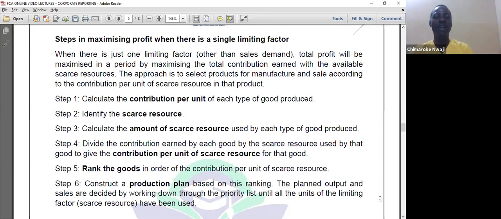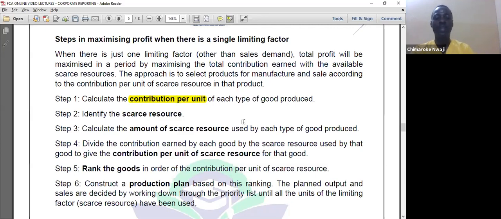Now, you have to calculate the amount of scarce resource that each type of goods will need. That is what I mean by scarce resource per unit. So if it is material, you say material per unit. If it is labor, you say labor per unit. Why must it be per unit? Because in our steps, we said we are calculating contribution per unit.